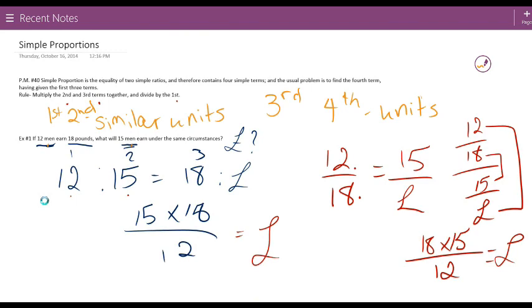Whereas in this fraction method, this would be our first, second, third, fourth. All right? So hopefully that makes sense. You just want to be thinking about what you're comparing and what you're looking for.